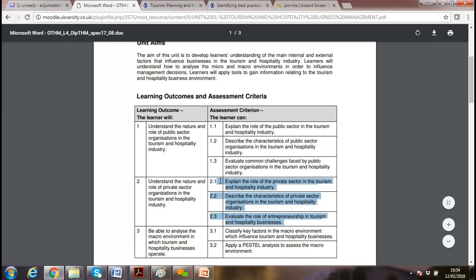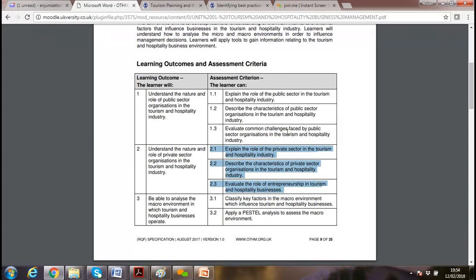We already discussed public limited and private limited companies under the finance topic as well, and partnership and sole trader. So that gives us a lot of information. We already discussed the micro environment and PESTLE analysis, even LO3.